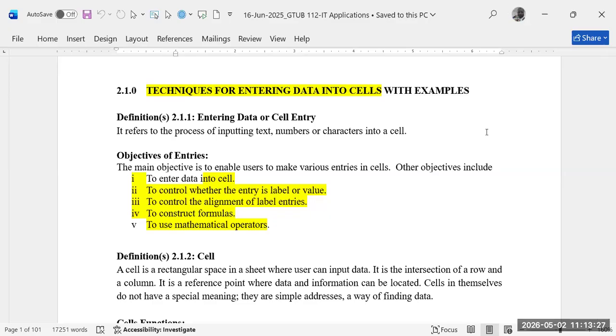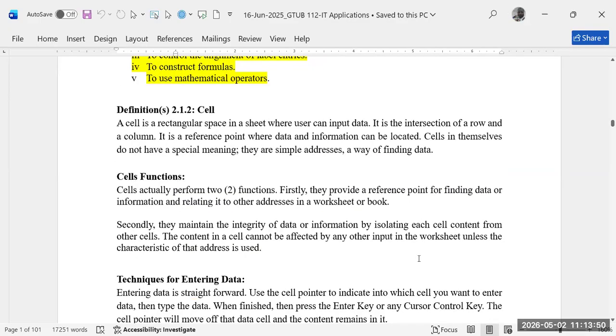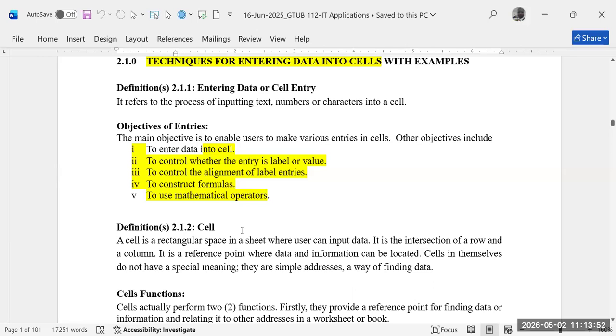And bear in mind that in a spreadsheet, all values are on the right side, labels are on the left side. You'll be able to control the alignment. You can make some left, right, center once you have finished the input. You can construct formulas anyhow to suit your needs, and you can use mathematical operators. So these are the objectives of entering data.